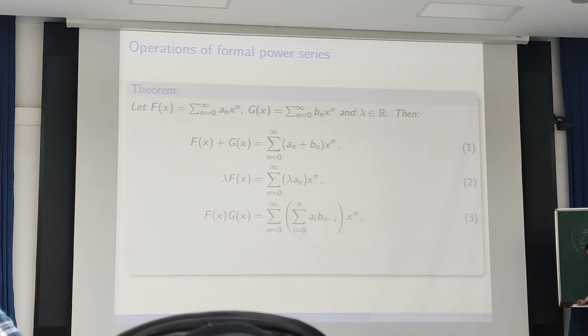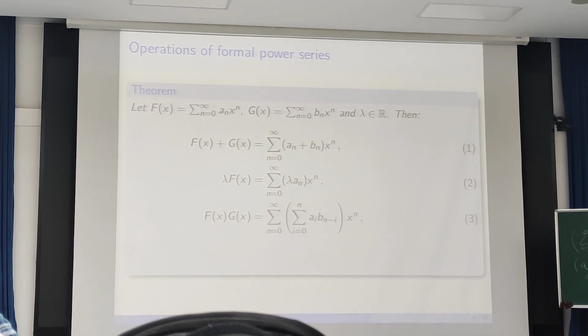So if you write it as a0 plus a1x plus a2x squared plus etc., and here is b0 plus b1x plus b2x squared and so on, then in fact you will get a0 b0 plus here you get a0 b1 x, a0 b2 x squared and so on.